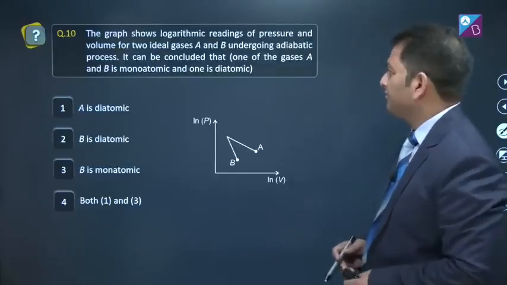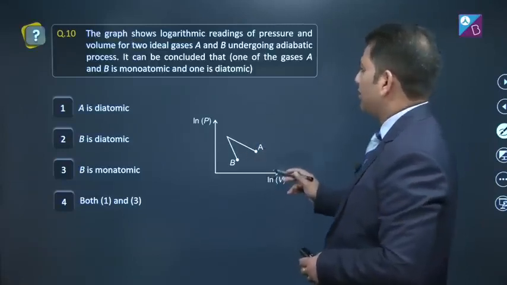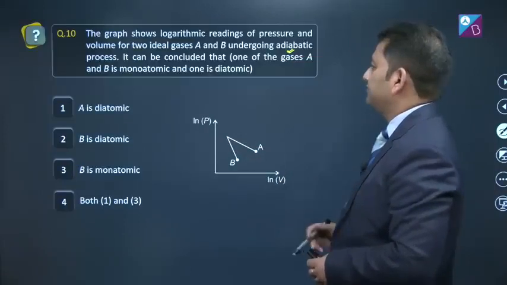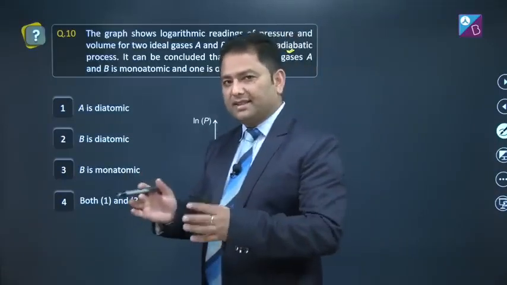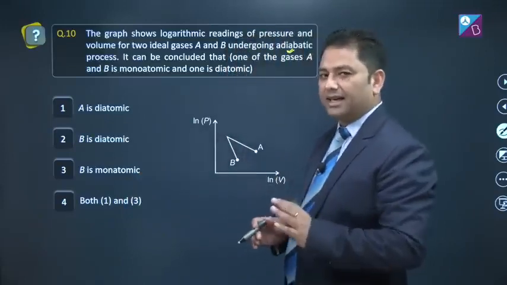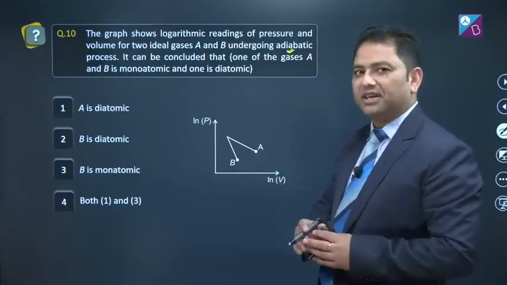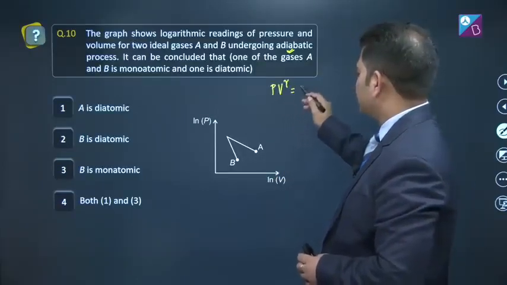Question number 10. The graph shows the variation of log P versus log V and the process is of course adiabatic. Of these two, one gas is monoatomic, the other gas is diatomic. We have to find which gas is monoatomic and which is diatomic. Okay, I know PV^gamma is constant.